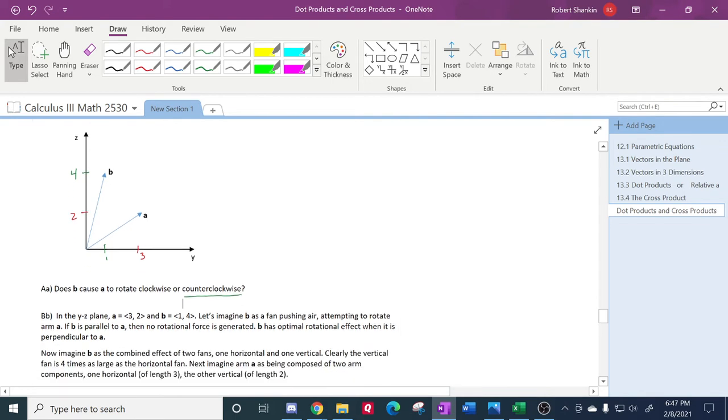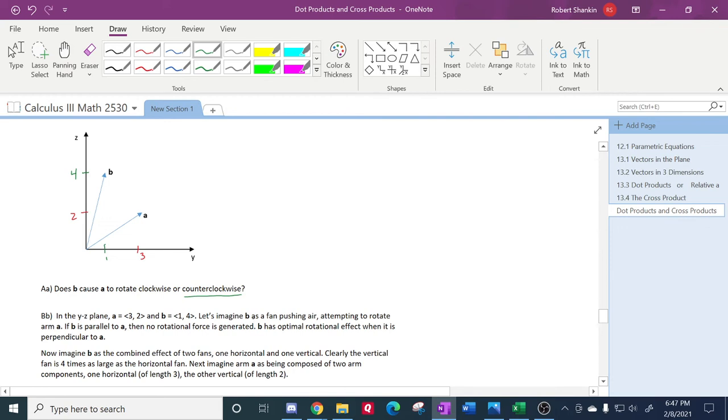So in the YZ plane, it's kind of convenient. We zeroed out the X. Remember, if this was the chalkboard, if we were in the physical classroom, the X comes out towards the class, and the board itself is all on the YZ plane. In the YZ plane, A is 3, 2, B is 1, 4.